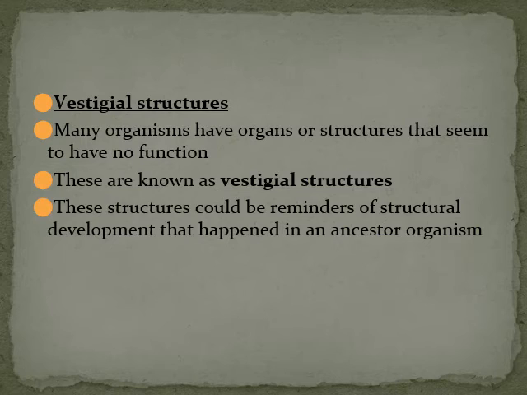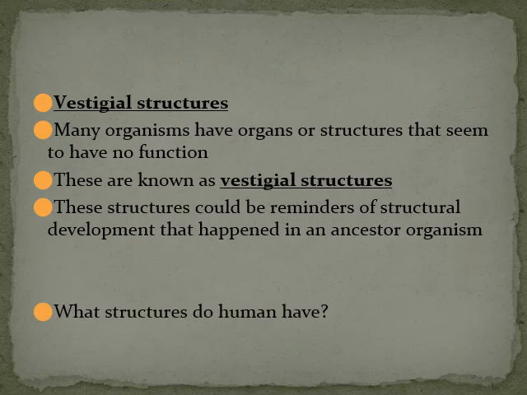To pick up from that, though, these vestigial structures are sometimes reminders of structures where development had happened in an ancestral organism. I suppose a vestigial structure that may occur sometimes in some organisms could also be, there are at times snakes that have a leg, very small, not functional leg, but they have a leg.